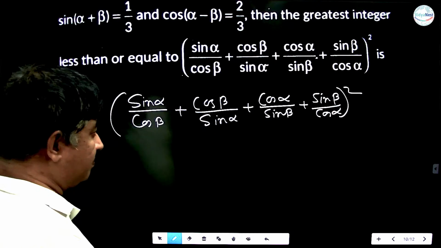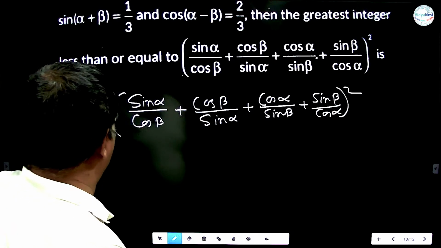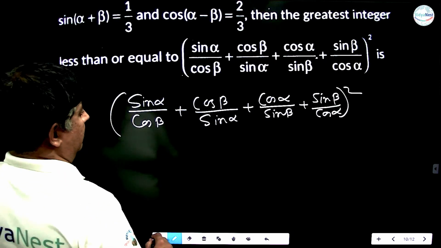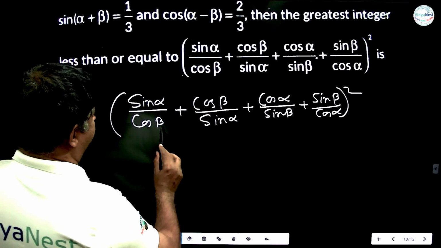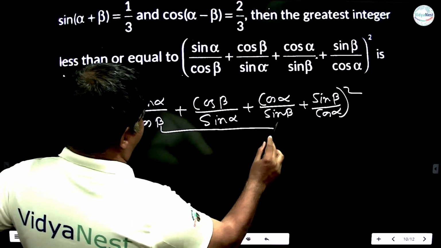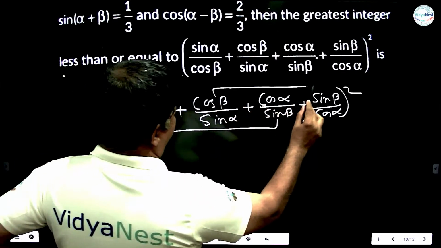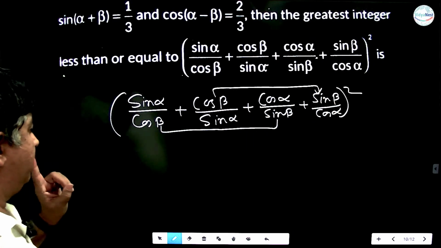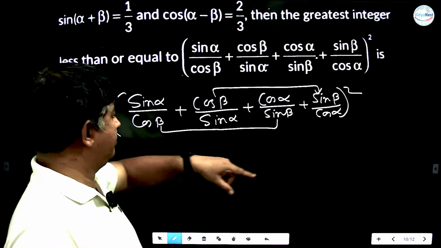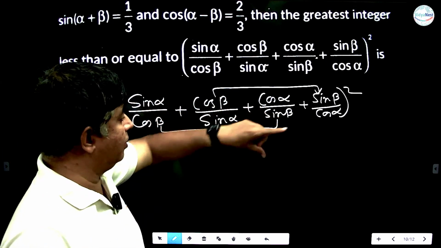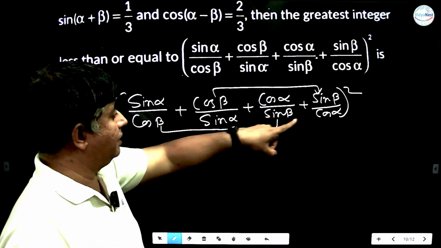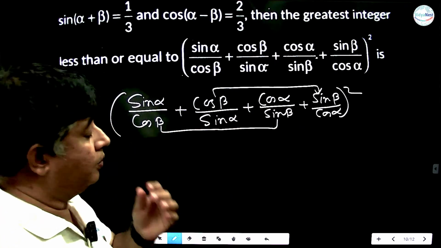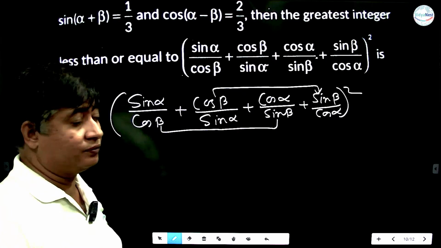I think these two and these two will be taken in pair, because in these two, in both cases, sine and cos angle is the same, beta, and here in both cases the angle is alpha.